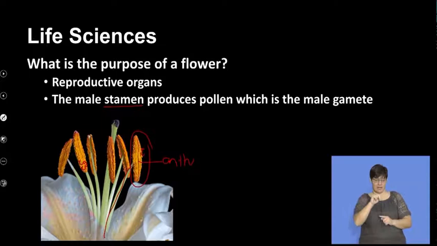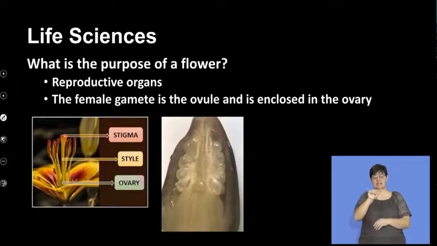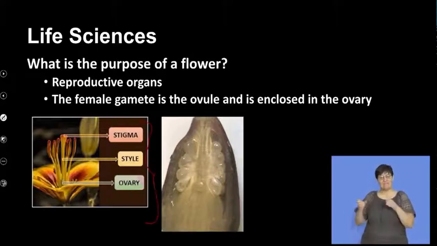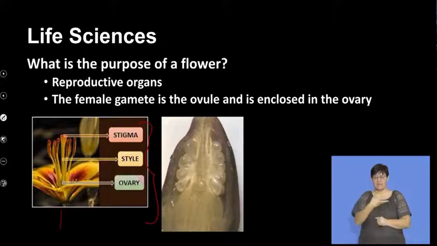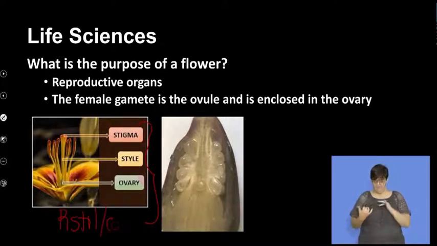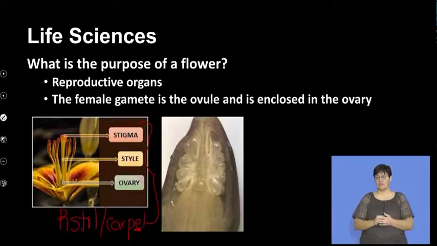Okay, now when it comes to the female, they have a collective term. I just want to write over here what we usually call the female. There's two words for it. I like the first one, pistil, because that's what we are. We're very fiery. Another word you might sometimes have is carpel, but carpel with an E, because if you say it with an L, remember those are the bones of your wrist.